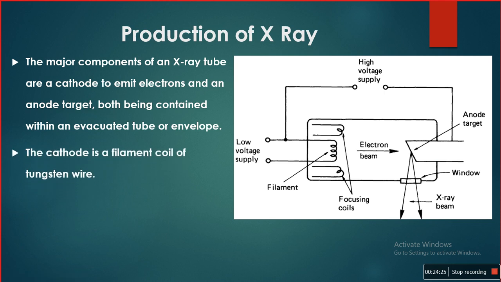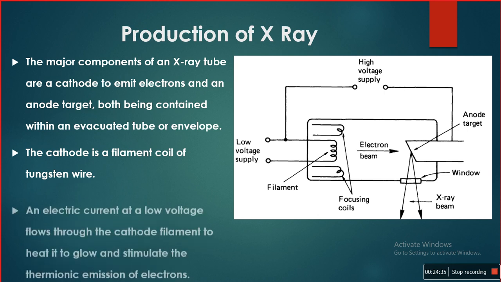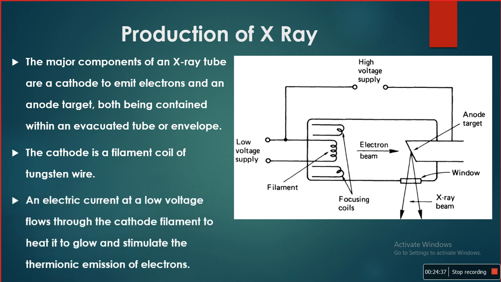Here the cathode is a filament coil of tungsten wire, and an electric current at a low voltage flows through the cathode filament to heat it to a glow and stimulate the thermionic emission of electrons. See here, this is the cathode filament.